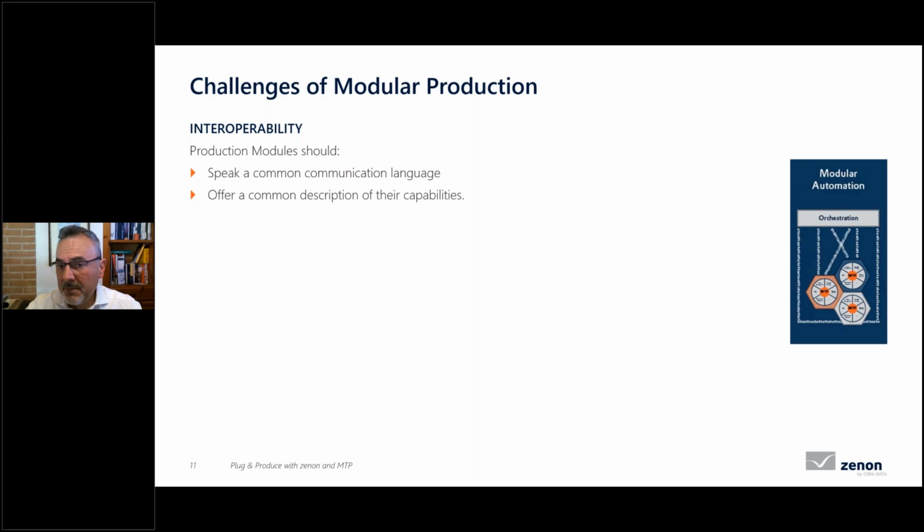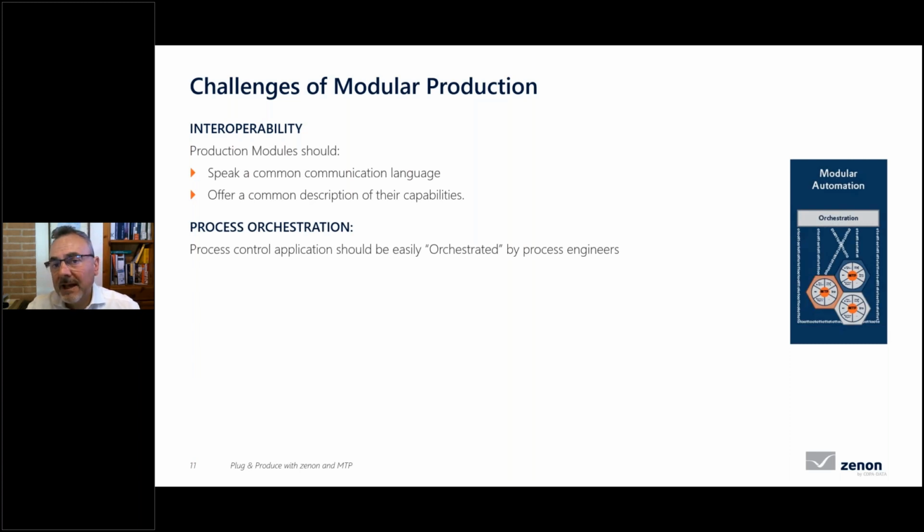This is, of course, a must in this case. And second point, the process orchestration. We can't afford to ask for an automation team every time we need to rearrange the orchestration, the module configuration. This is, of course, another important topic. So we need an easy approach for the process orchestration, for example, using graphical tools.